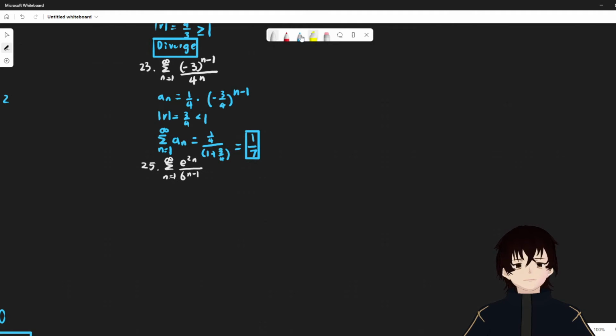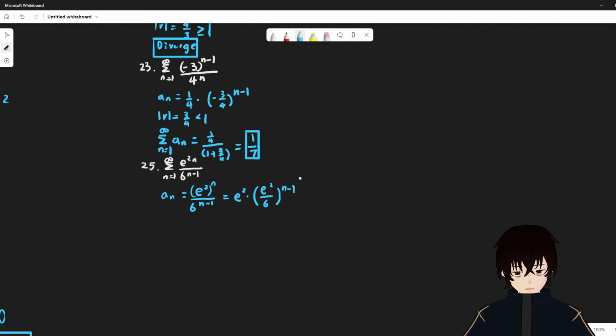How do I rewrite this? e to the power of 2n over 6 to the power of n minus 1 is equivalent to e squared times (e squared over 6) to the power of n minus 1.